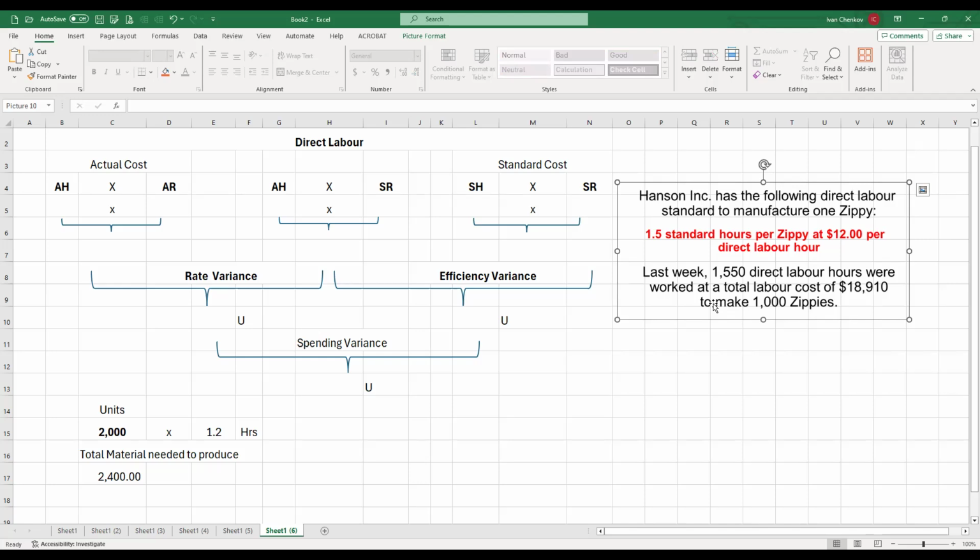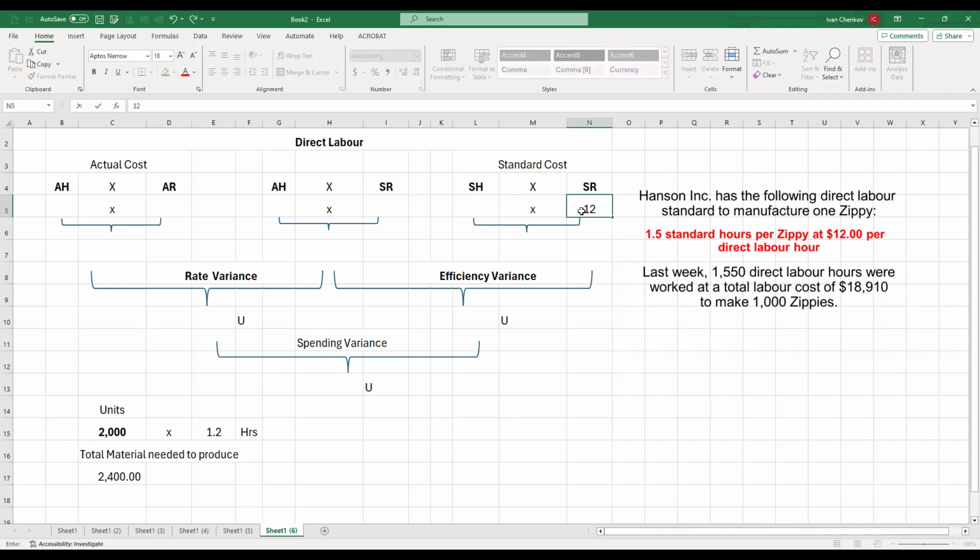Now the question is, what the $12 would be? The standard rate. Standard rate, that's correct. Standard rate is $12. We get our first number. We need how many more numbers? 1, 2, 3 more numbers.